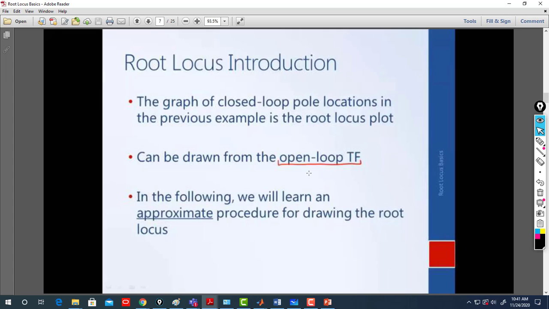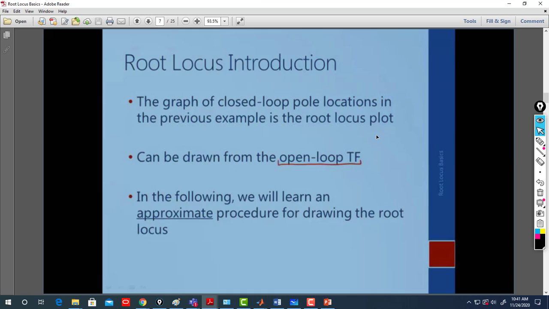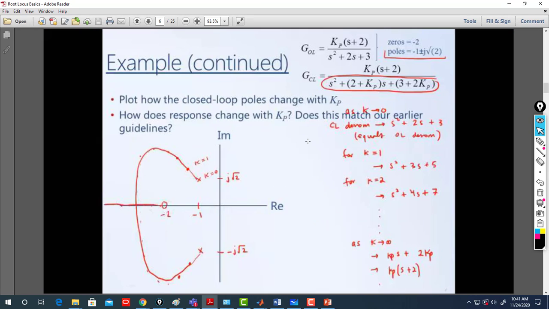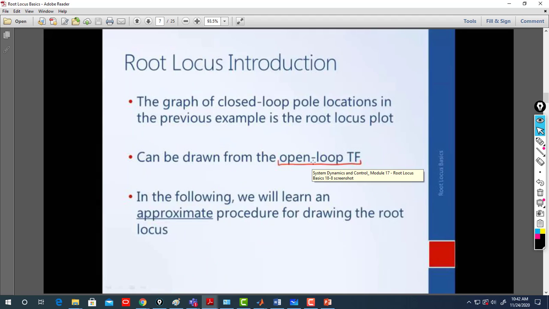So how we draw it from the open loop transfer function, we'll see now. We'll learn how to draw it in an approximate way. Actually, we'll take the open loop poles and use them to draw the closed loop pole locations. In the following slides, we will learn an approximate procedure for drawing the root locus.